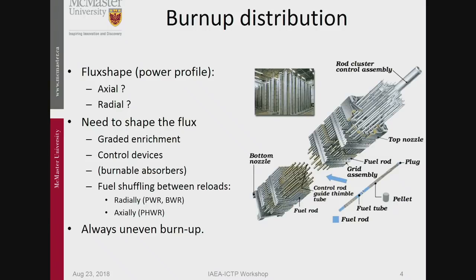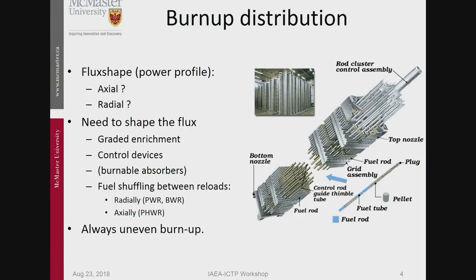You move these elements around. And you can do it axially, which is what the PHWR does, a CANDU reactor. When refueling, there's a guy standing there putting bundles in everywhere where the burn-up has been high. You put in a new bundle, so that works. But it doesn't really work very well. You always lose burn-up, and it's always unfortunate.